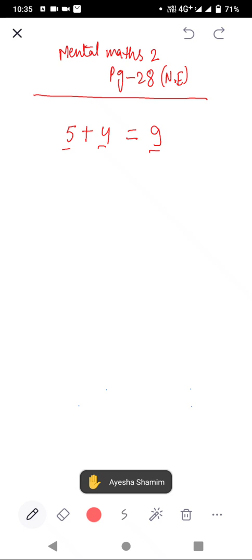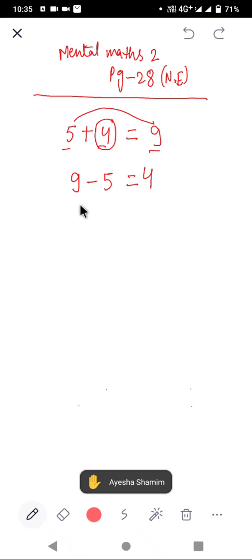To write a subtraction fact, we write the bigger number first. The bigger number is 9 here, so we write the bigger number and the minus sign, then we take the smaller number. So 9 minus 5: if we subtract 5 from 9, we get the other smaller number, 4.